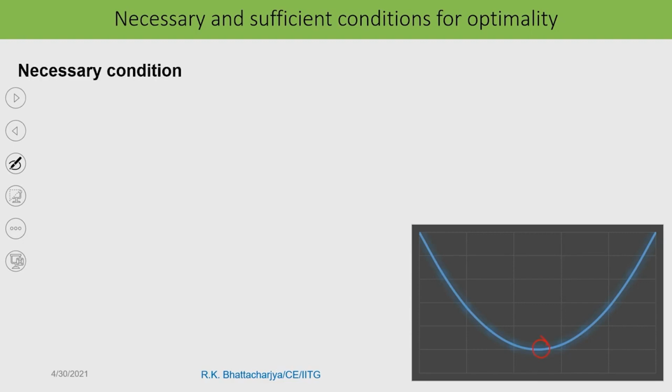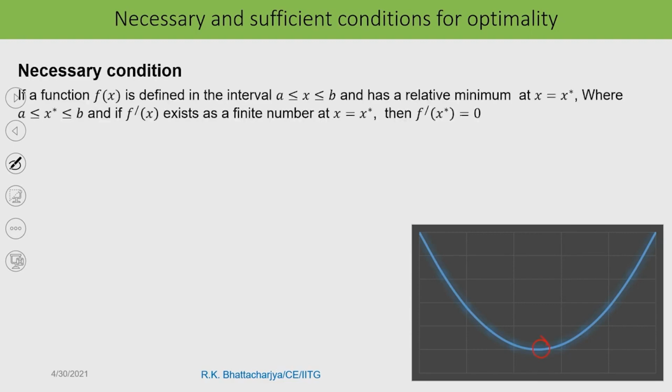Okay. So, now what is the necessary condition? If a function f(x) is defined in the interval (a, b), that means between a and, suppose this is b, within (a, b), and has a relative minima at x equal to x star. This point is your x star.